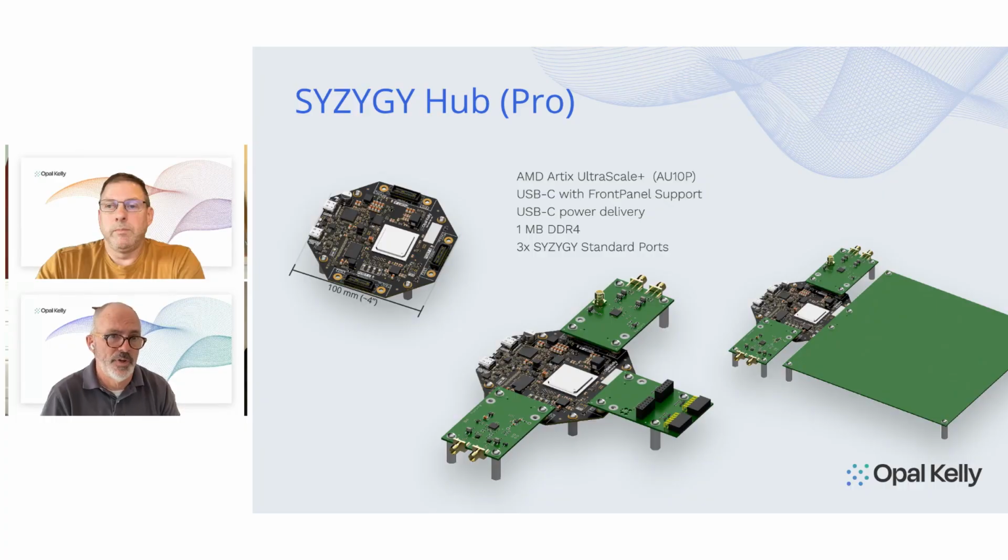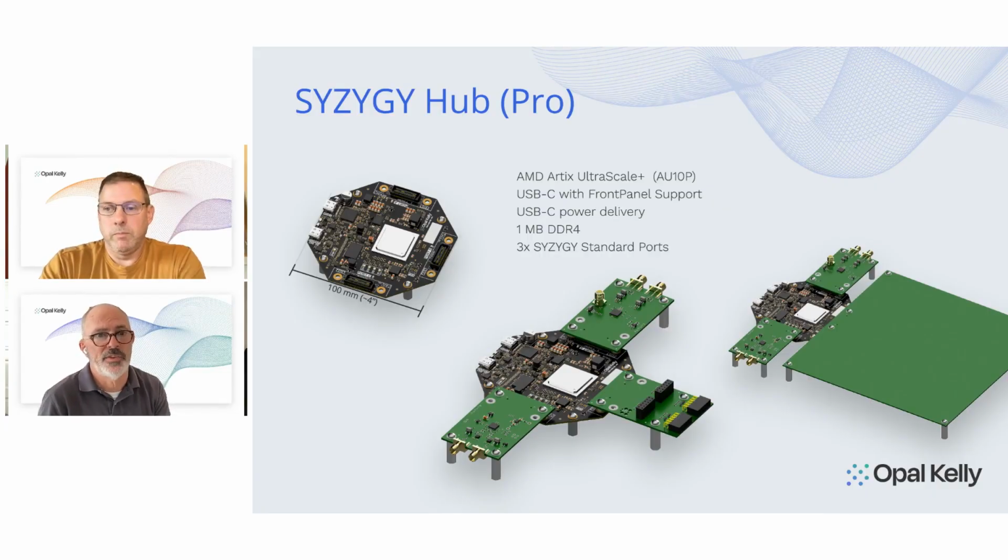The Syzygy Hub Pro that we're showing here is in development right now. You can see it incorporates an Artix UltraScale Plus FPGA and a USB-C interface with power delivery, so power over USB, so no separate power supply is needed.